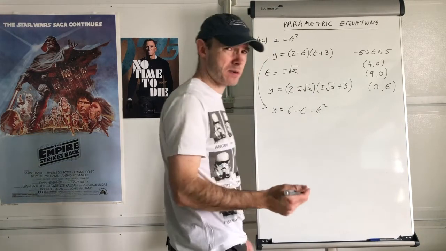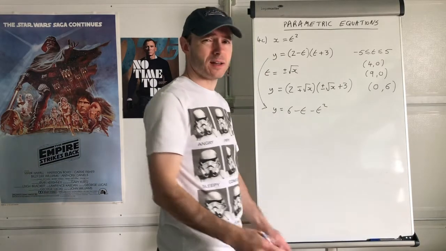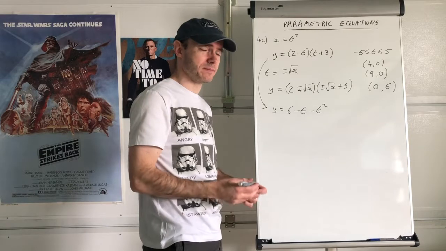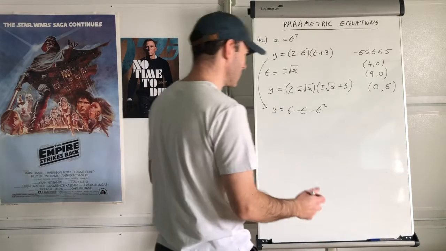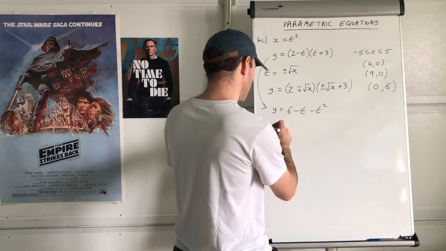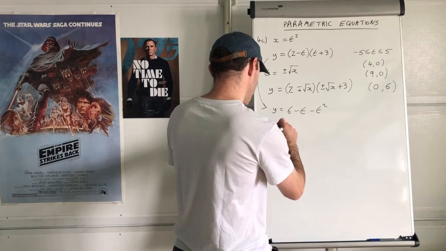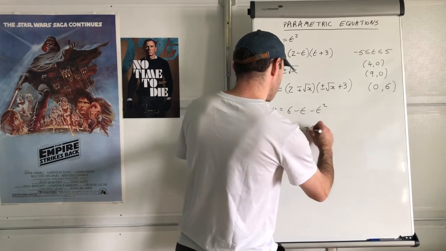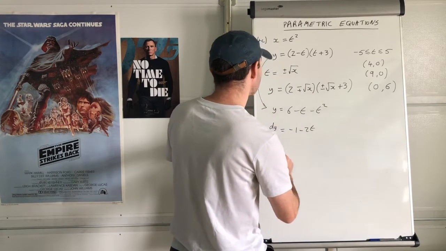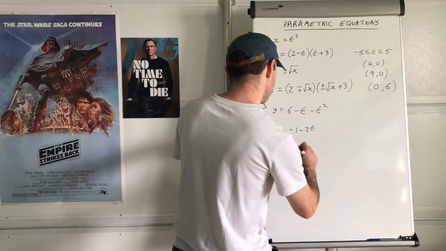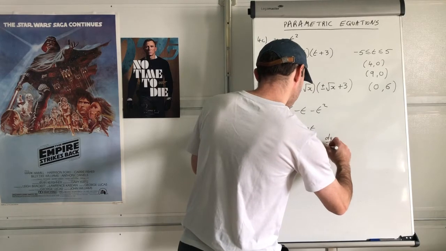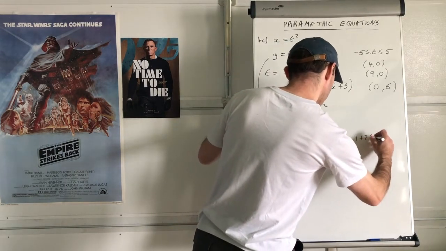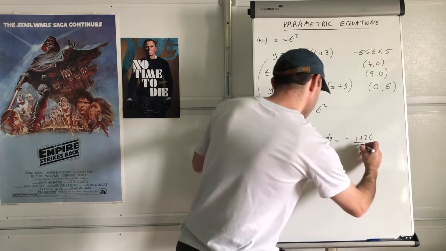I'll tell you what, I'm going to do it parametrically. Stand by, so the first time I'm doing it parametrically. Usually I've done it the Cartesian way, but I'm going to do it parametrically just to see what happens. Okay, so dy/dt is equal to -1 subtract 2t, dx/dt at the top there is equal to 2t, so dy/dx is equal to negative of 1 plus 2t over 2t.